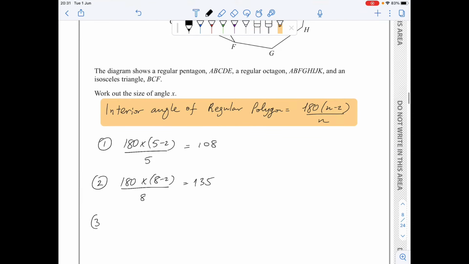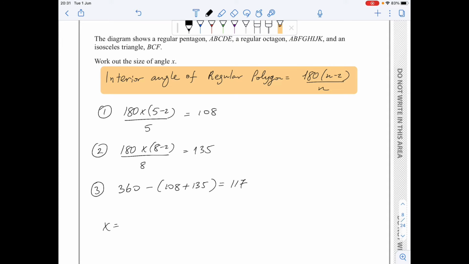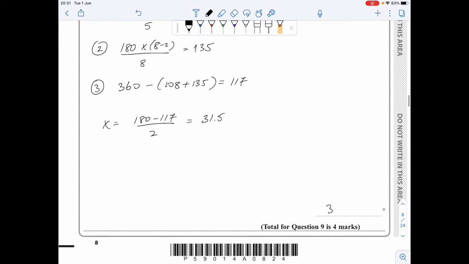Then angle 3 is 360 minus the previous two angles. This comes out to be 117, and then x is equal to (180 minus 117) over 2, which comes out to be 31.5 degrees.